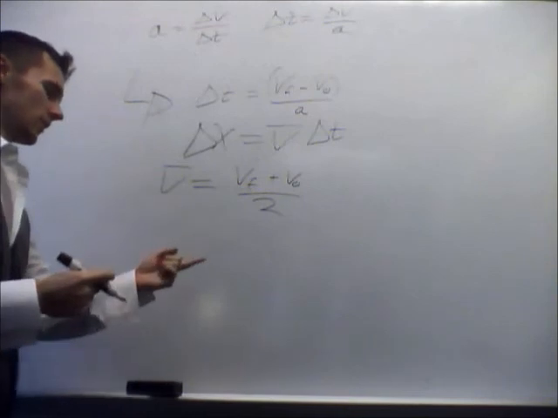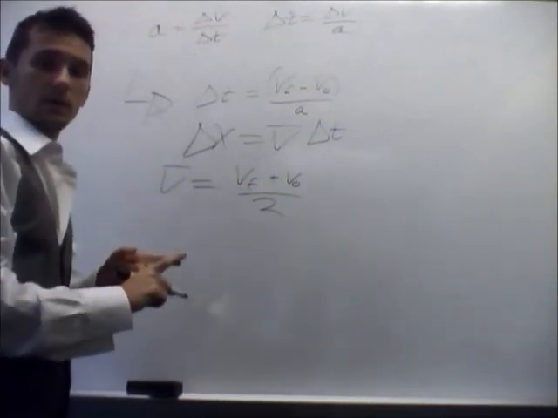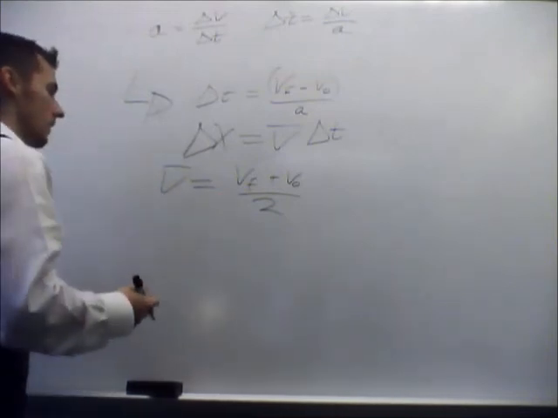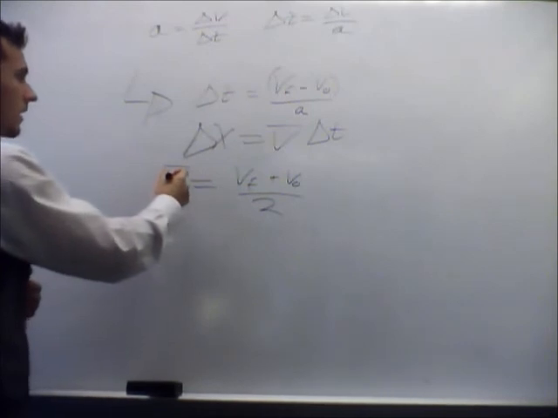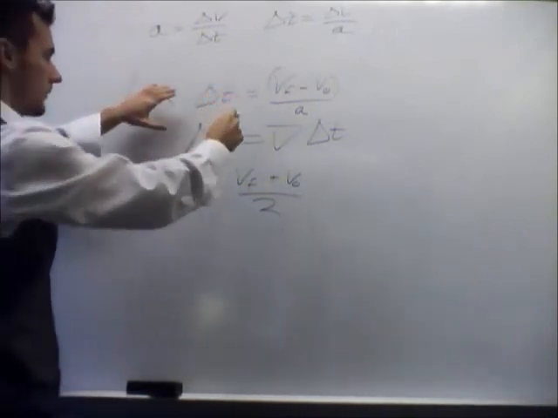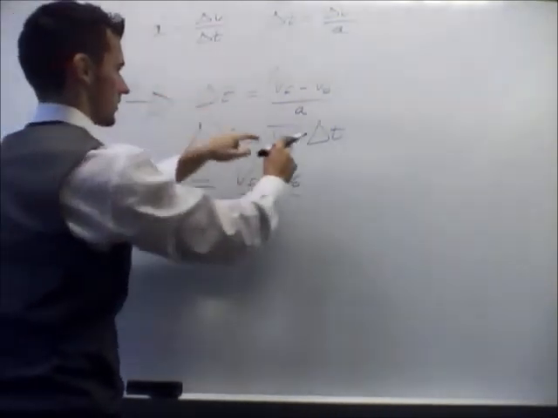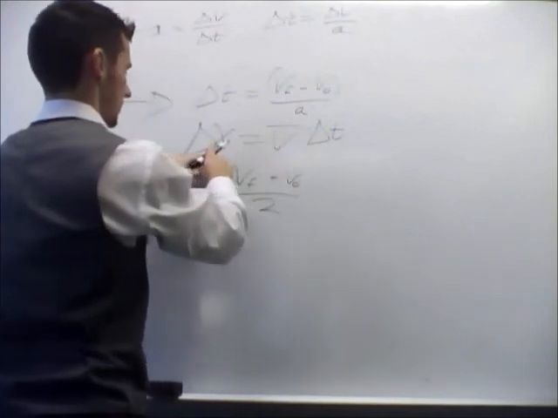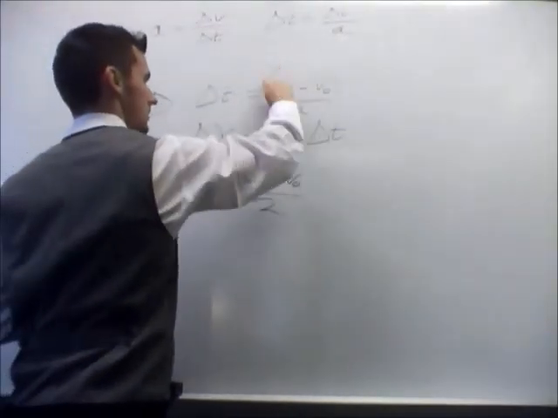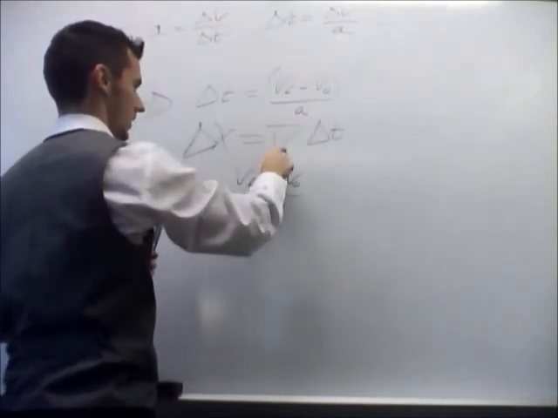You have two values, and to get the average of those two values, you add them together, and then you divide by the number of values that you had, 2. So we want to plug in this for your change in t and this for your average velocity.